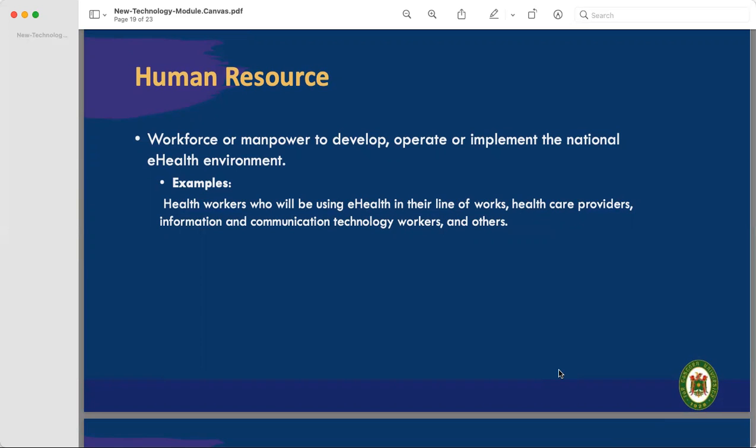But basically, we as health workers should be more involved because we know very well the health system and also the patient care management system. And developing software and applications must integrate this healthcare system. So health workers who will be using e-health in their line of work, healthcare providers, information and communication technology workers, and others should be involved.